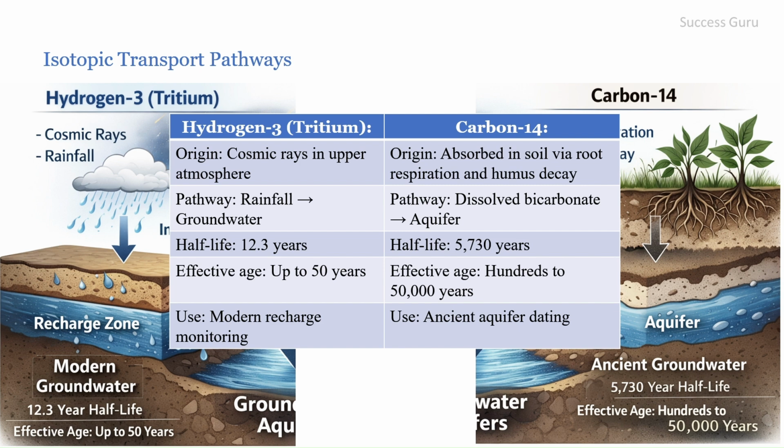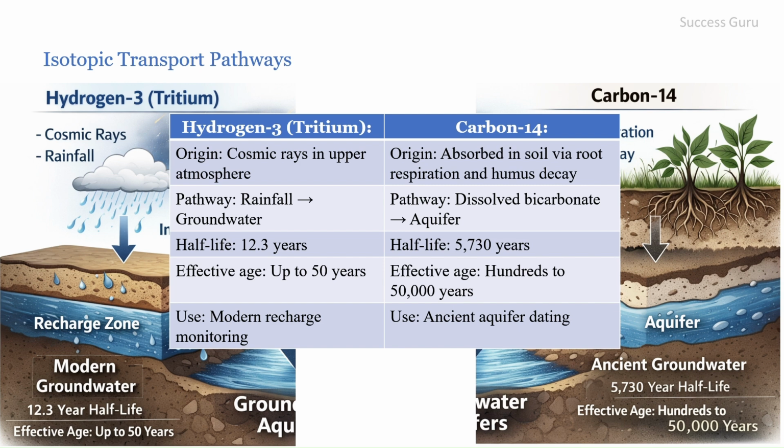The half-life of tritium is 12.3 years, so with tritium we can effectively calculate the age of groundwater up to about 50 years, not more than that. This dating method is used in groundwater studies for modern recharge monitoring, which is its main application.